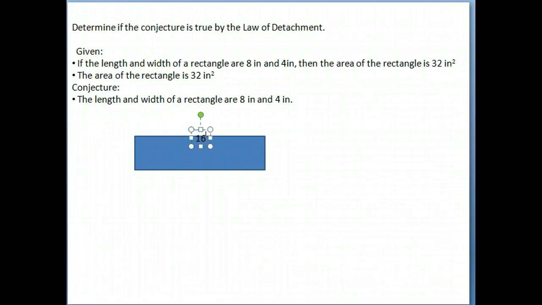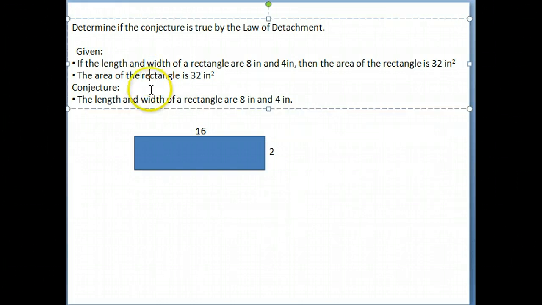It could be 16 by 2. 16 by 2 rectangle, 16 times 2 is 32. Okay, so we cannot automatically say when we have an area of a rectangle that's 32 square inches, it doesn't automatically mean its length and width are 8 and 4. It could be something else.